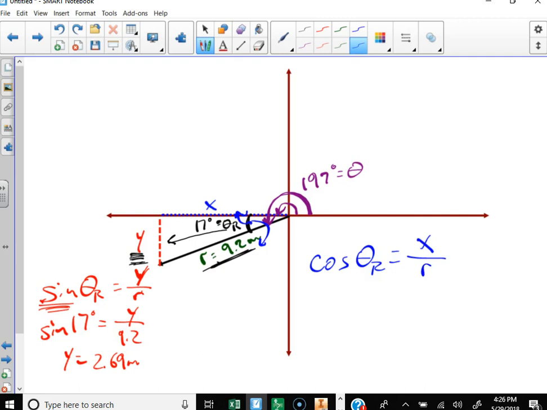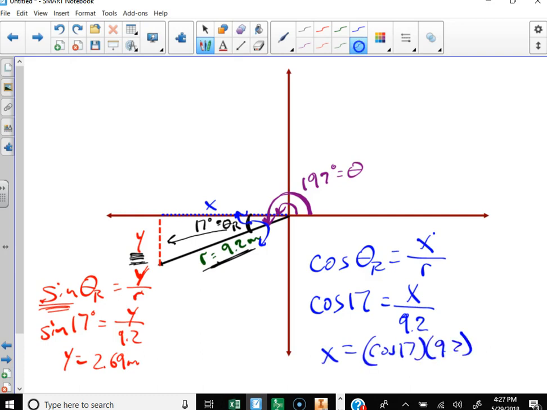So cosine of the reference angle is x over r, so we're going to have cosine of 17 degrees equals x, which I don't know, over 9.2. Multiply both sides by 9.2, so x equals cosine of 17 times 9.2. I'm not going to write that out every time. And x is going to be equal to 8.80.